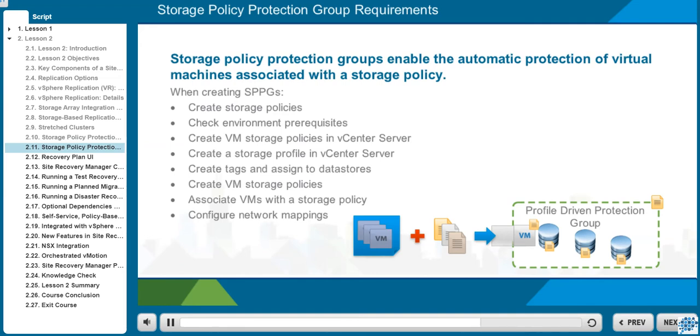SPPGs support only array-based replication. vSphere Replication is supported only through legacy VM-based protection groups. Storage policy protection groups attempt to protect virtual machines associated with their storage profiles only during profile association and server startup.